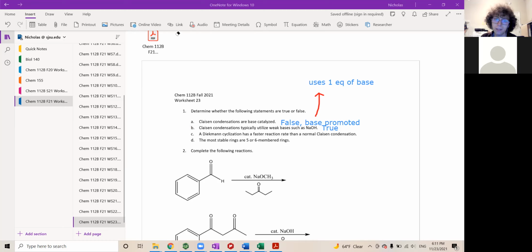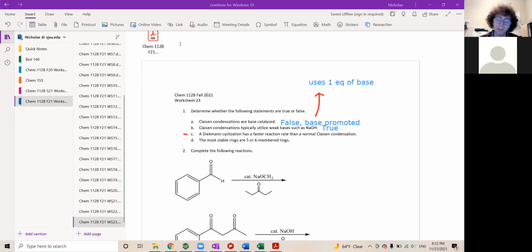Next one is C. A Dieckmann cyclization has a faster reaction rate than a normal Claisen condensation. I don't know if he talked about this in more detail during lecture today, but Okuda brought up Dieckmann cyclizations as if he was going to talk about it last week.